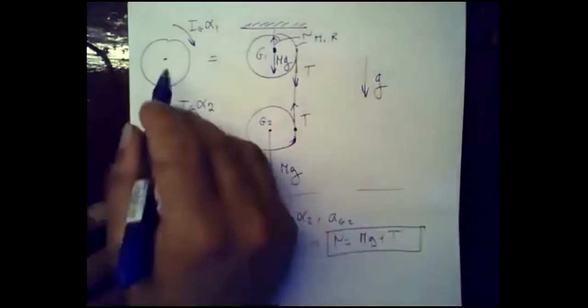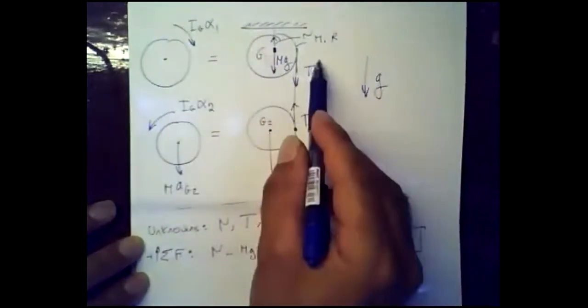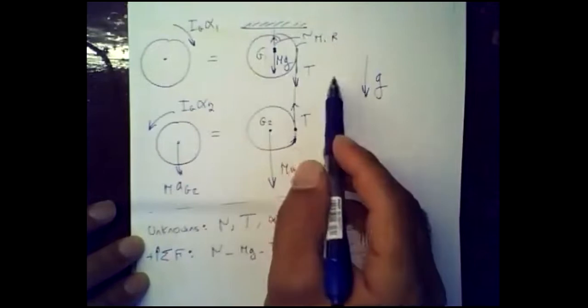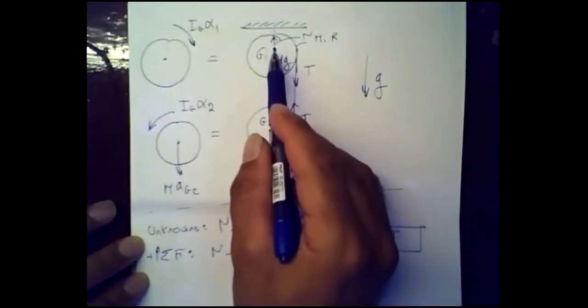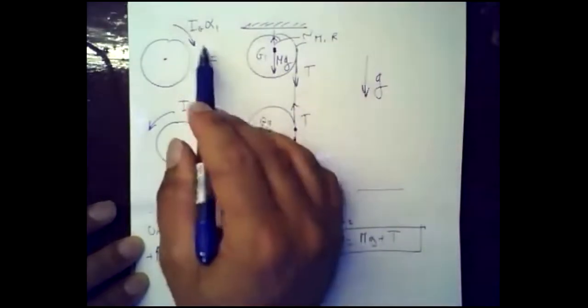And then I have the torques, right? And we said it doesn't really matter where you sum the torques on this guy. You can sum it about any point that you choose, as long as you use the same point on both of them. I think it's easier if we actually sum the moments here, right? Because we can have another independent equation that is primarily in T and alpha, right?